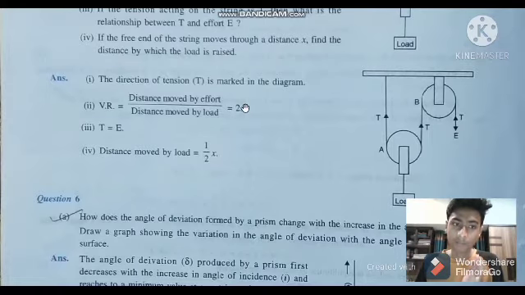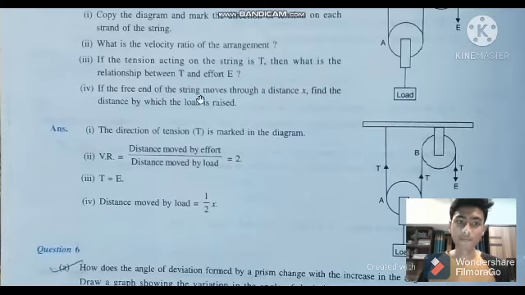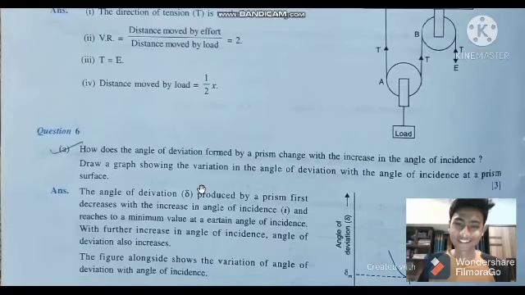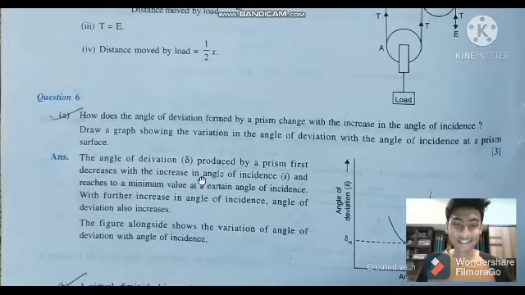Ultimately 2 is the velocity ratio for this question. The next question is, if the free end is moved through a distance x, find the distance by which the load is raised. We know that when the effort moves x distance, the load moves half the distance. So it's going to be x by 2. Getting easy, right? These are easy questions.